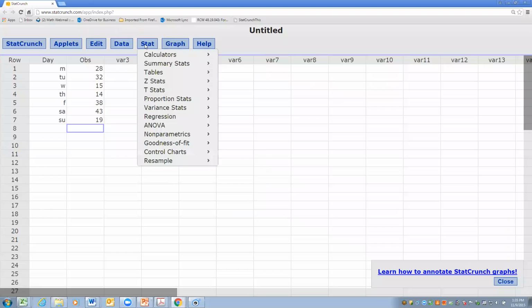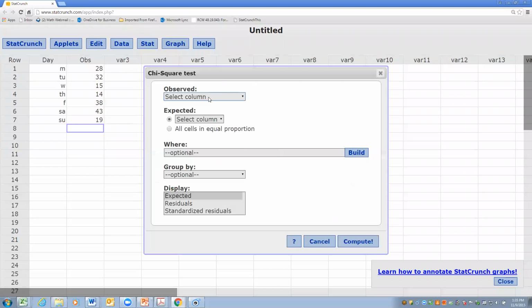I can go to Stat, Goodness of Fit, chi-squared. My observed column is observed. Now, I can either make an expected column and add that in here, or, as this one is doing, it says all cells are in equal proportion. So that means that each category is equally likely to occur.